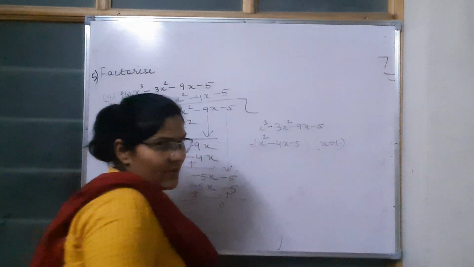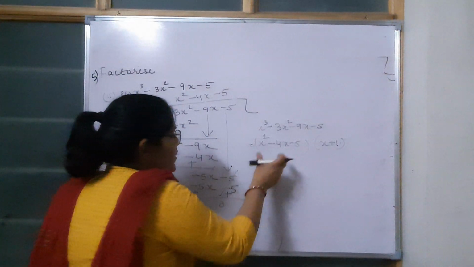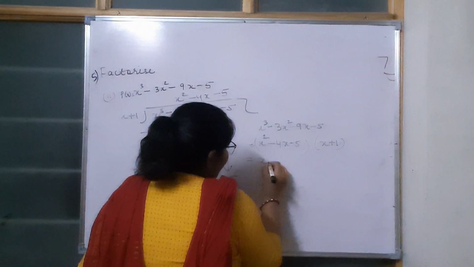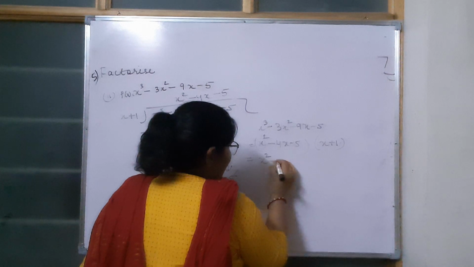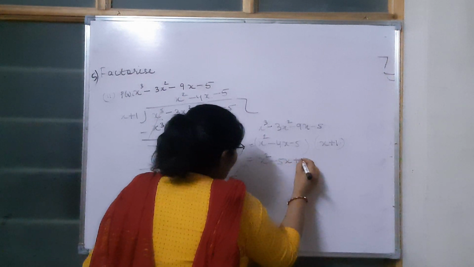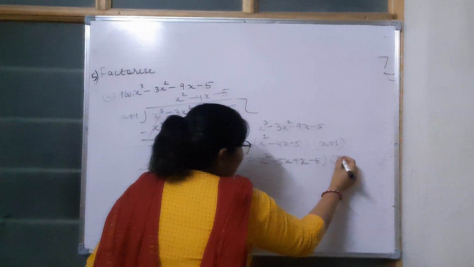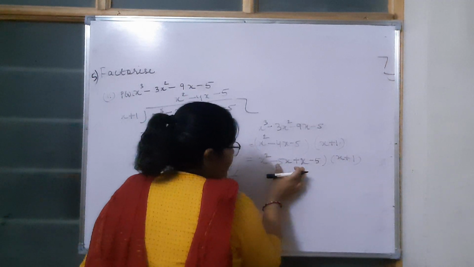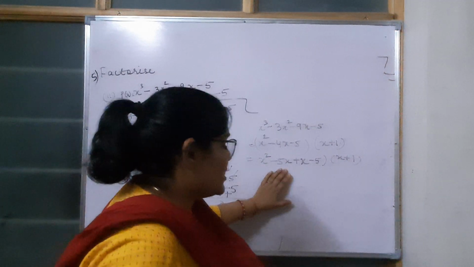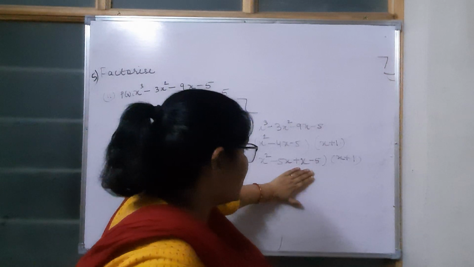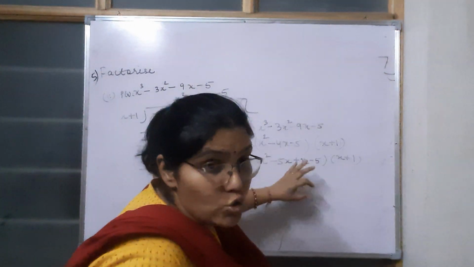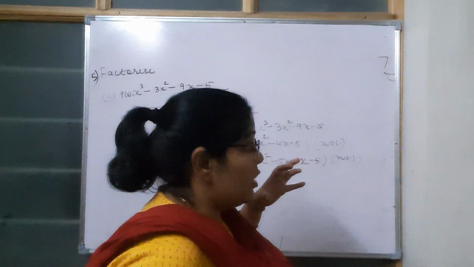Now only two factors we have got. We want three factors. So how would we do? We will do middle term splitting. I hope everybody knows, class, why I am not taking positive 5 and positive x, why I am taking minus 5x plus x. Because we are not supposed to change the value of the terms.